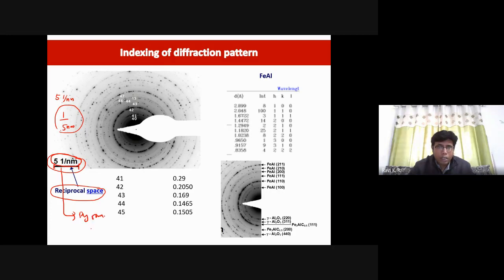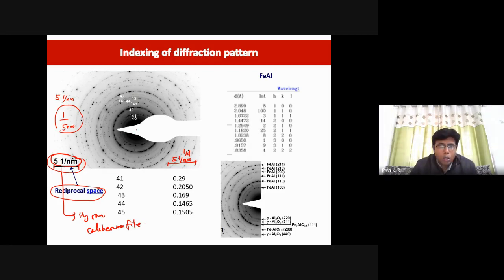By running the calibration file, you are getting this particular scale. So how much is this distance? This distance corresponds to how many nanometer. It's basically 1 by nanometer is basically 1 by d. Okay, we will see that particular concept in the reciprocal lattice when we are talking about it.